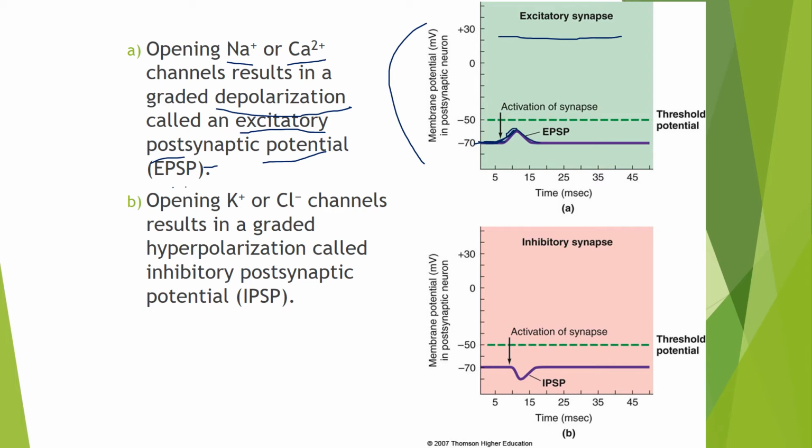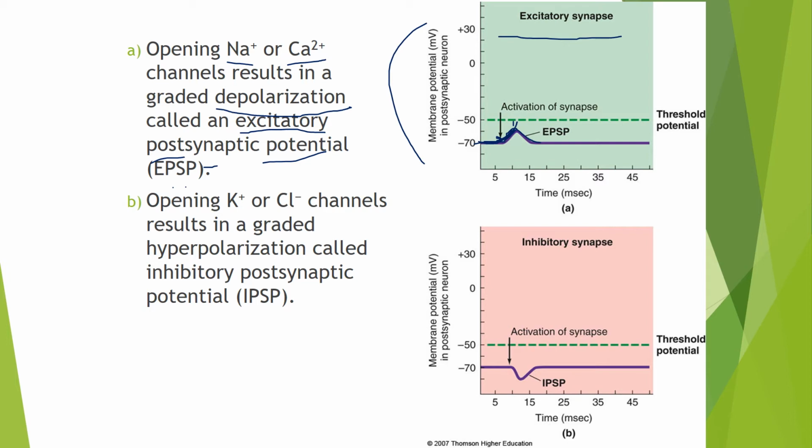However, since we haven't hit threshold, that means that an action potential has not been generated, okay? But we see that there's a slight depolarization when those ions move through those channels opening. However, that was not large enough to elicit an action potential.